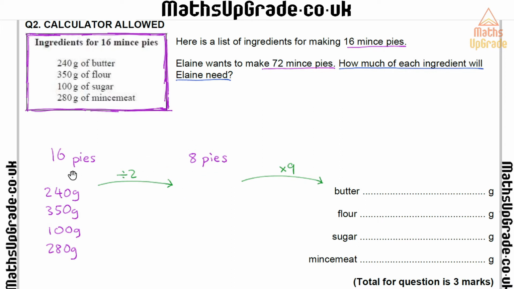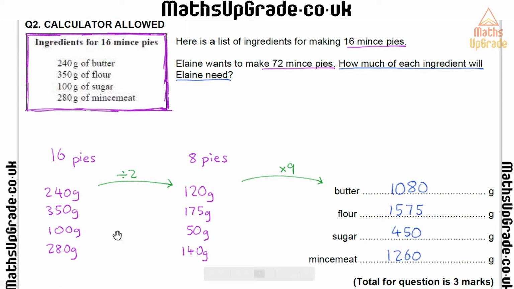So to get to 8 pies, I'm just going to divide all of these by 2, since 16 divided by 2 gives 8. Dividing them all by 2 gives me these values here. Then to get from 8 pies to 72 pies, I need to multiply by 9. So multiplying everything by 9 gives me these values here, for 3 marks.